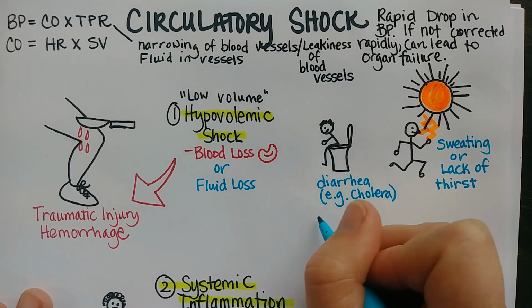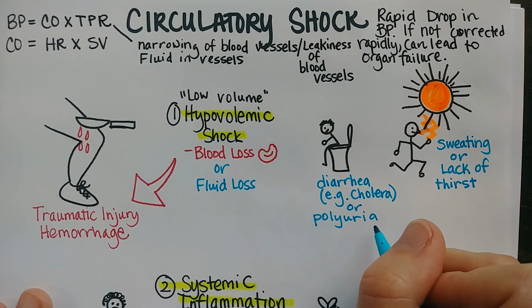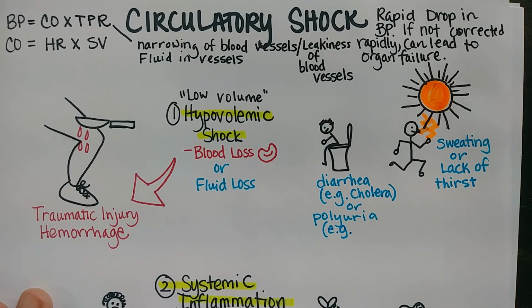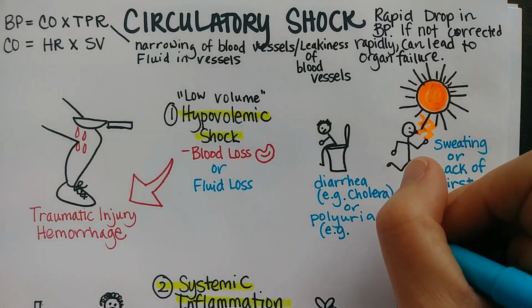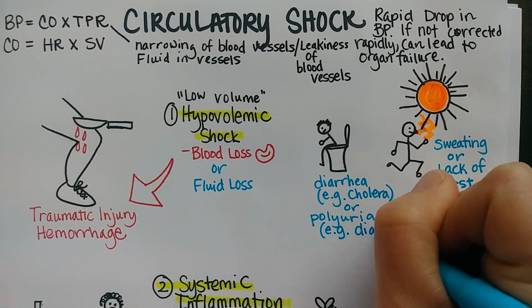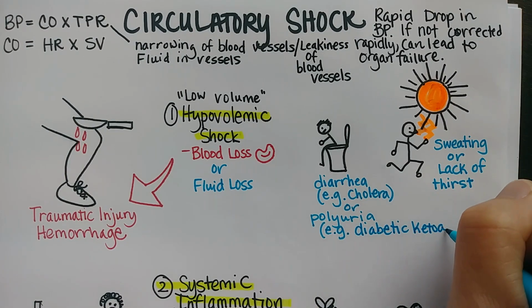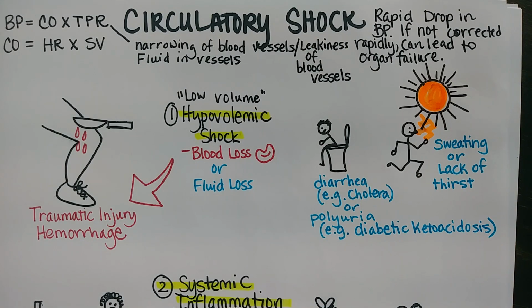Or polyuria. And you maybe have heard that word. It means much urine. And this could be from someone that has had very high blood glucose for a number of days, and they've been getting progressively dehydrated until they may even end up in what's called diabetic ketoacidosis. Now, this situation is most common with type 1 diabetics.